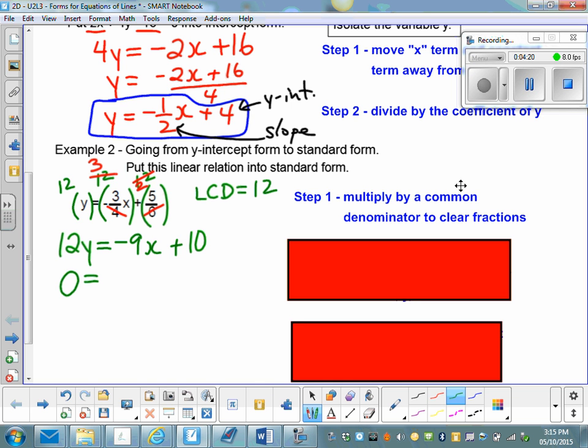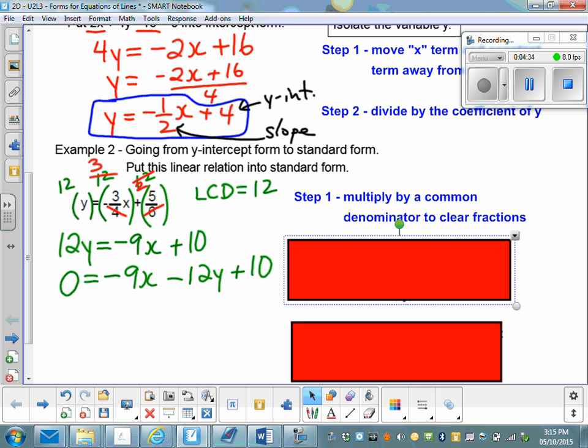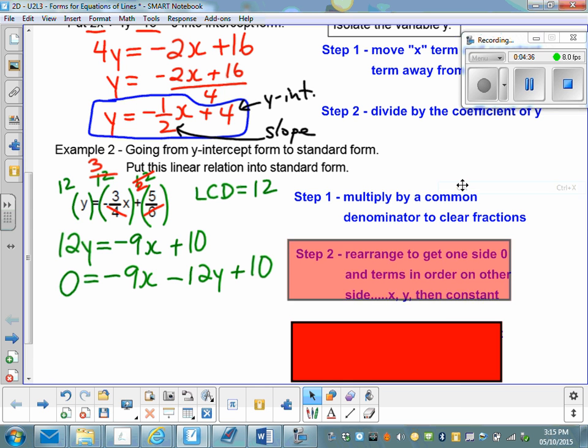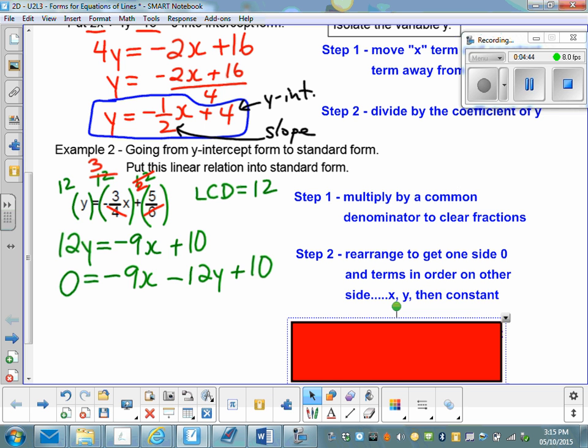Remember, when it's in standard form, the x term comes first, then the y term, and then the constant term. So all I did there was move the 12y to the other side and changed it to minus 12y. So that was my second step, is to rearrange to get one side 0 and the terms in order on the other side, x, y, then constant.